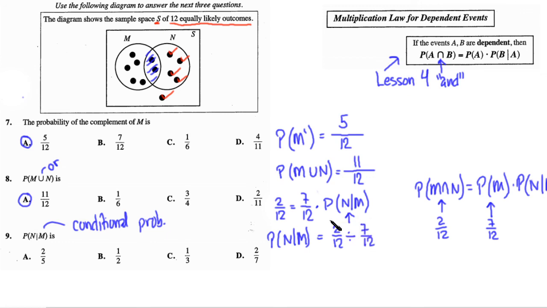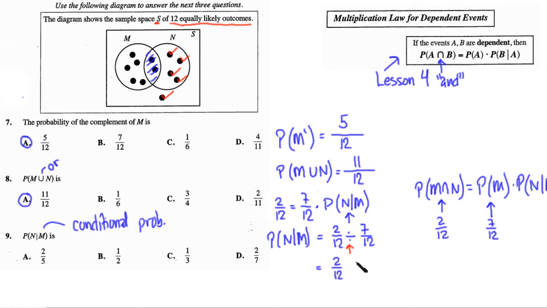Now we just have to evaluate the right hand side. Anytime we are dividing two fractions like this, the trick, which I hope you remember, is that you take the first fraction and write it down the way it is.